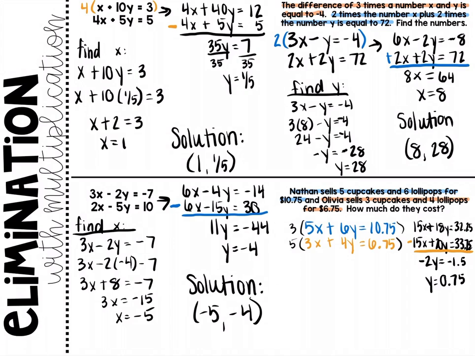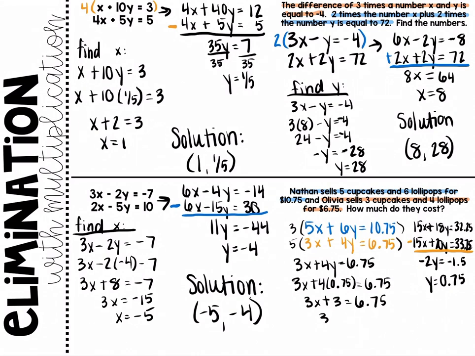Okay, so then I'm going to plug it into my other equation. So 3x plus 4y equals 6.75. So I have 3x plus 4 times 0.75 equals 6.75. So 3x plus 3 equals 6.75.